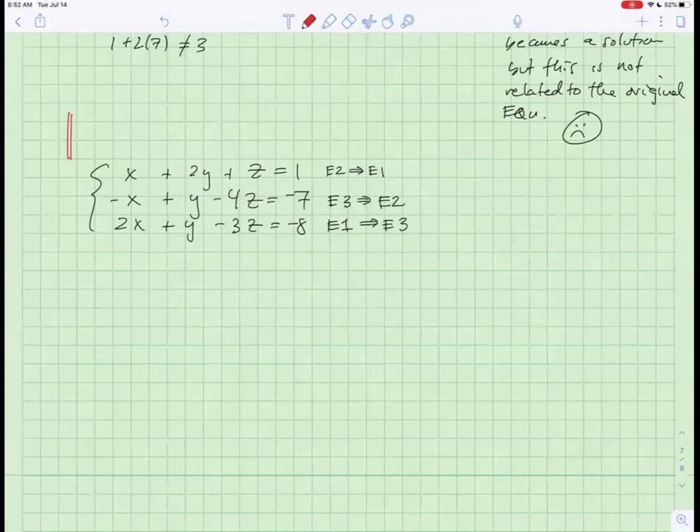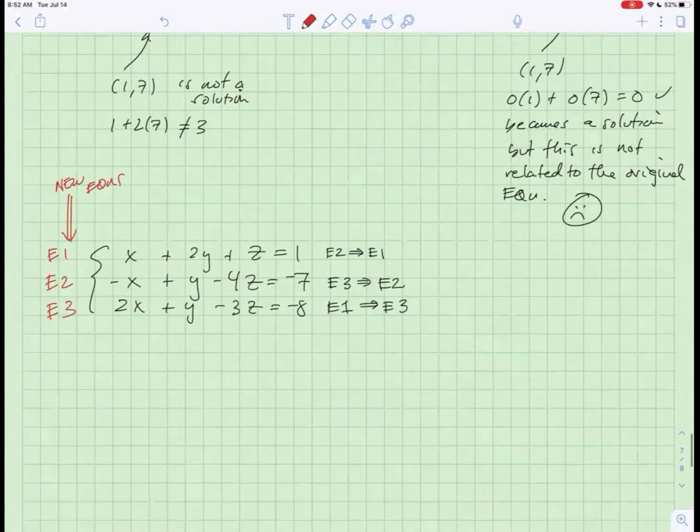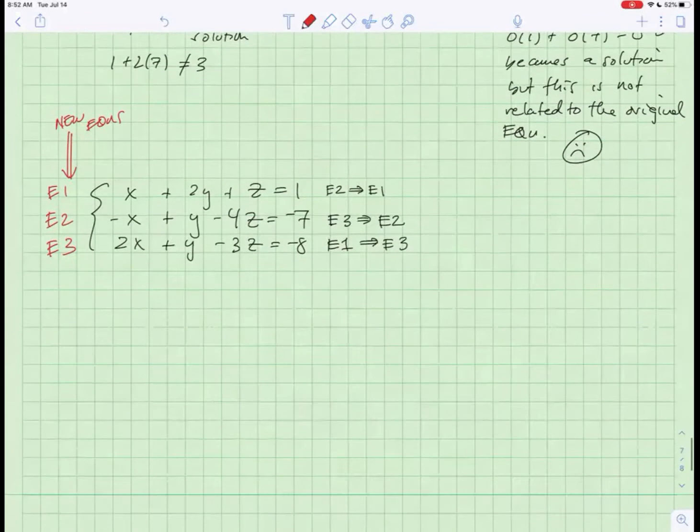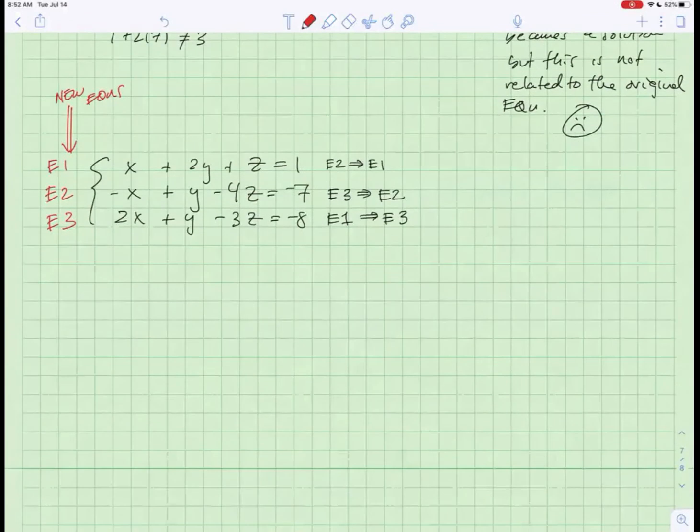When we do this, these are my new equations. So this is my new E1. This is my new E2. This is my new E3. Even though those weren't originally E1, E2, and E3 when I was originally given the format here, in this next iteration, these are my new equations.